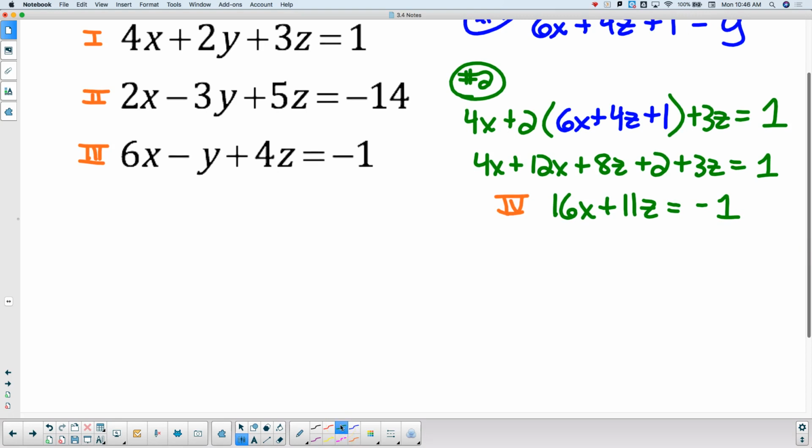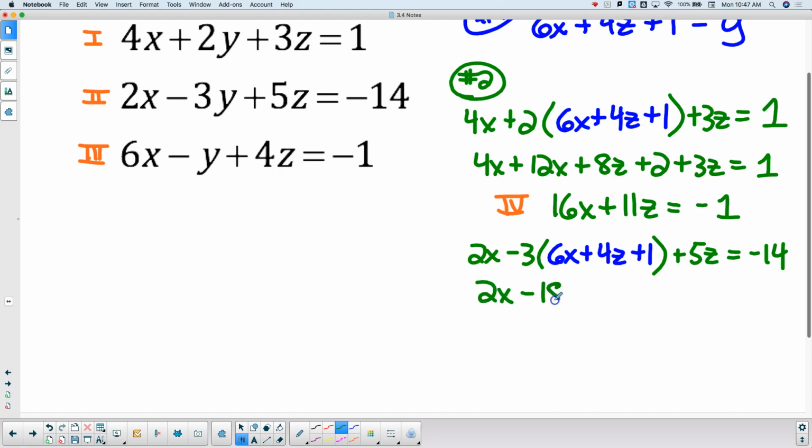Then 2x minus 3 times (6x plus 4z plus 1) plus 5z equals negative 14. 2x minus 18x minus 12z minus 3 plus 5z is negative 14.